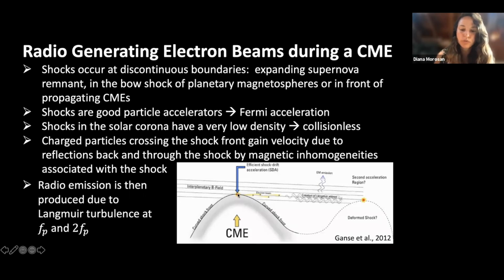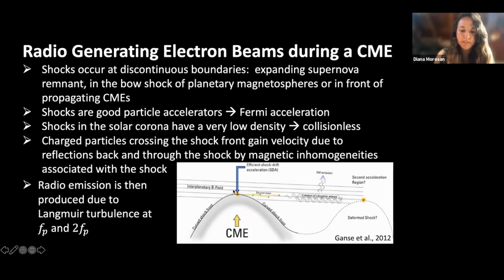In the low solar corona, most theories suggest that a process called shock drift acceleration is the one responsible for accelerating electrons, while in the higher solar corona it's possibly diffusive shock acceleration, for example, that accelerates particles. So there's a bit of a difference in what exactly accelerates electrons.